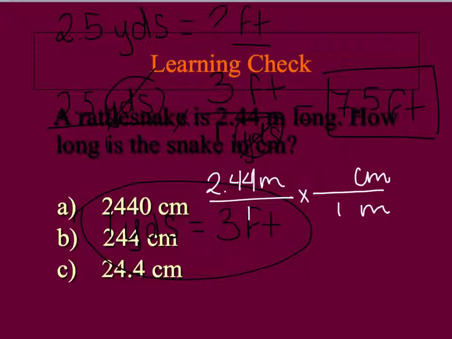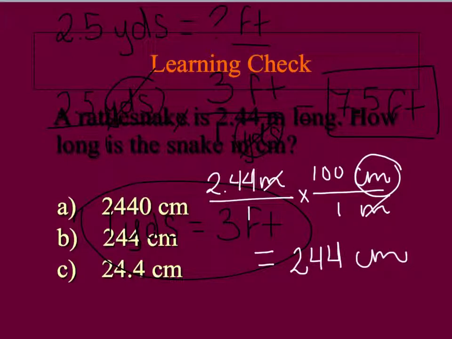So in 1 meter, there's 100 centimeters. That's the relationship that we know. Meters can cancel. We're left with our centimeters now. So now we just need to multiply the top, divide by the bottom. So we multiply 2.44 times 100 and divide by 1. That gives us 244 centimeters, which is your answer.